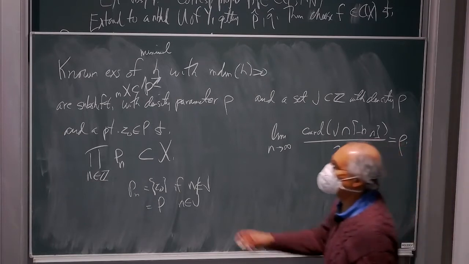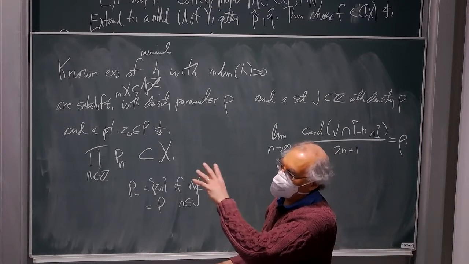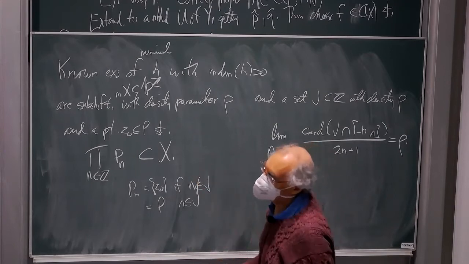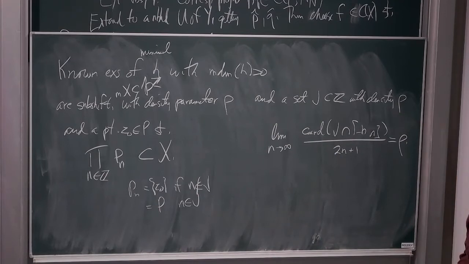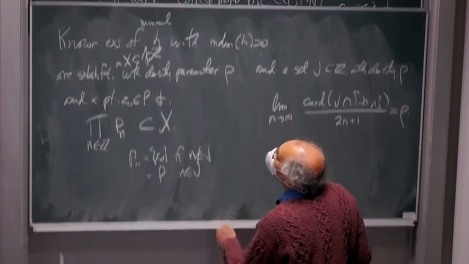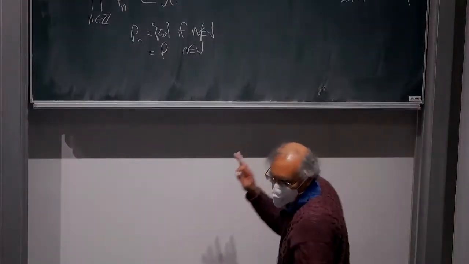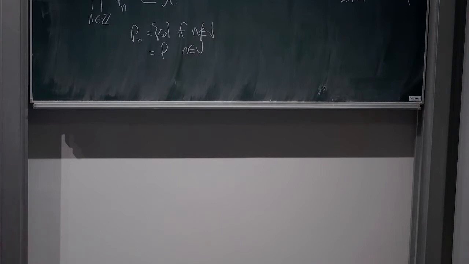The sets J which appear are not arithmetic progressions, because if they were, you would not get a minimal homeomorphism. But you still have a density. All right, in the construction, you get a thing like this, and there isn't anything with larger density.